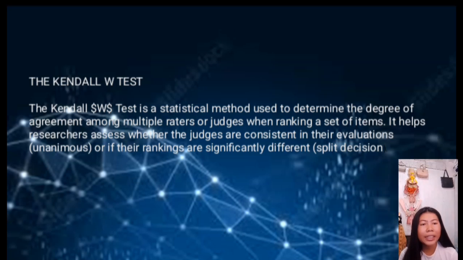So the Kendall coefficient of concordance is a statistical tool used to measure how much agreement or consistency there is among judges or respondents when they rank subjects or candidates.